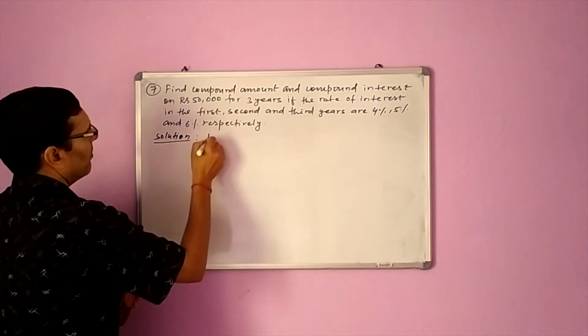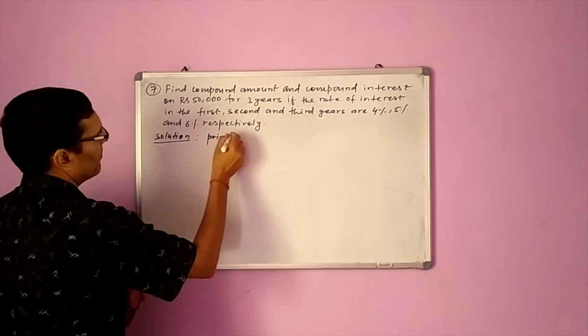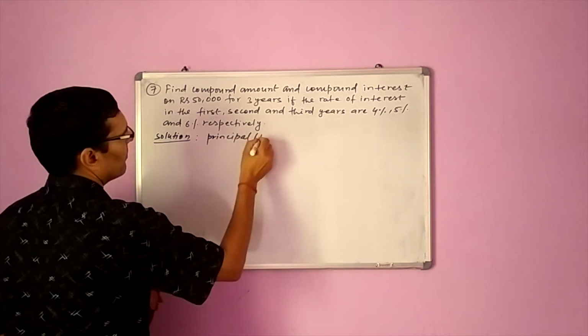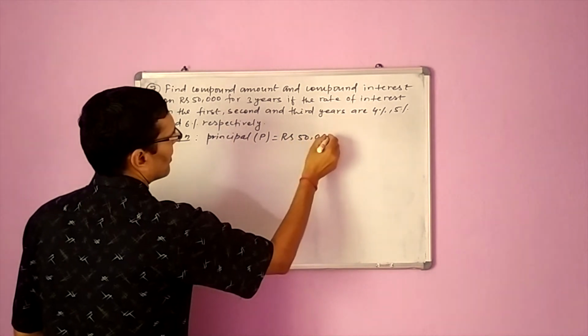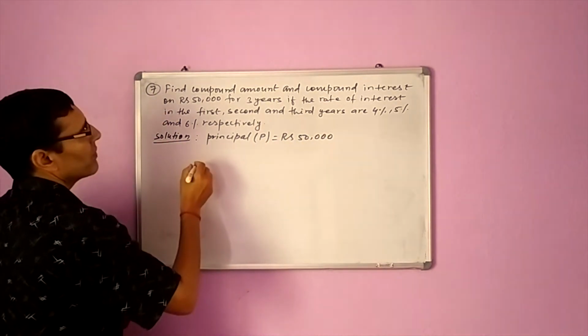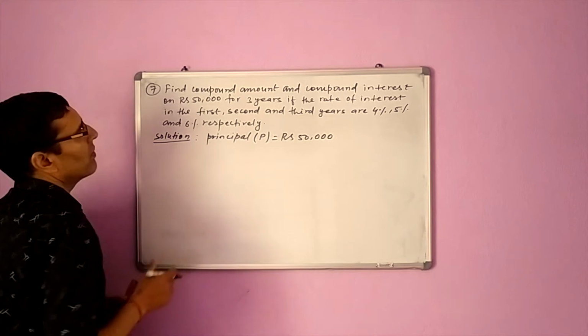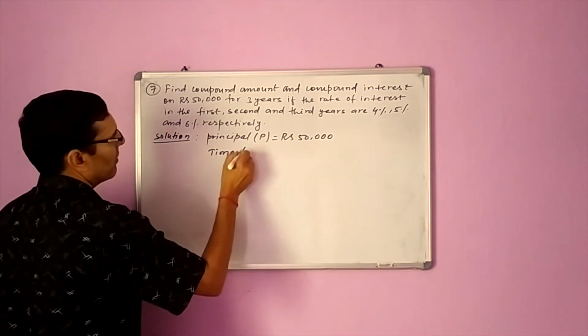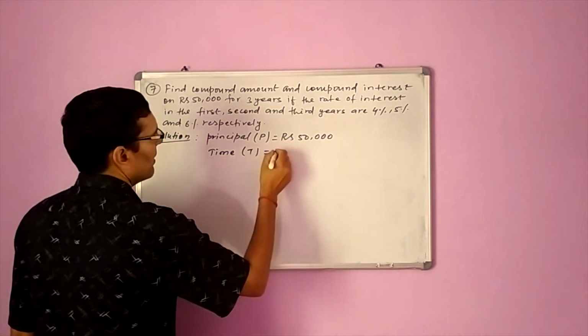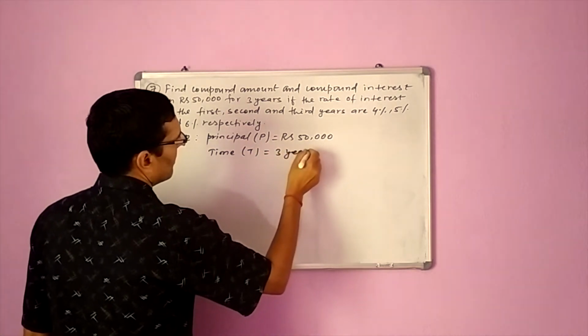So here principal P is equal to 50,000, time T is equal to 3 years.